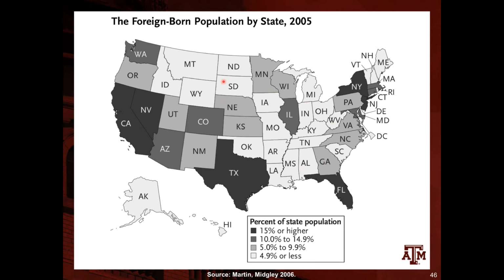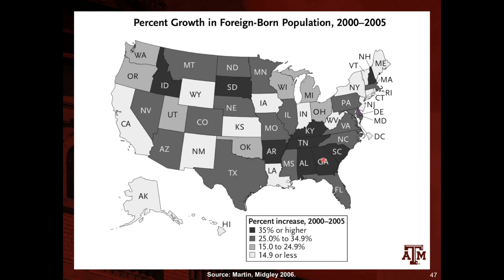And then in other states you see lower shares. But for these states with a lower percentage of foreign-born individuals, in the next graph you see that they actually had the highest percentage increase of foreign-born population between 2000 and 2005.